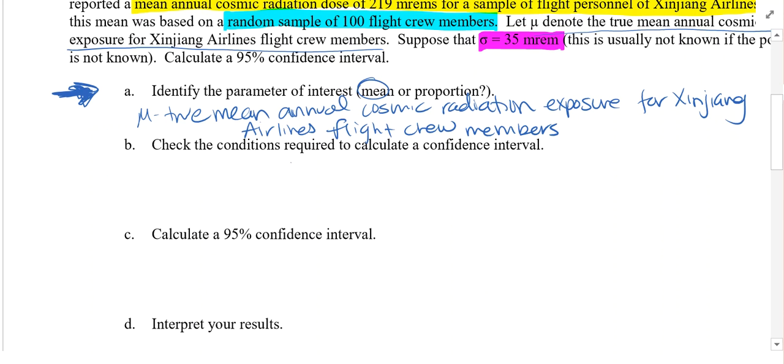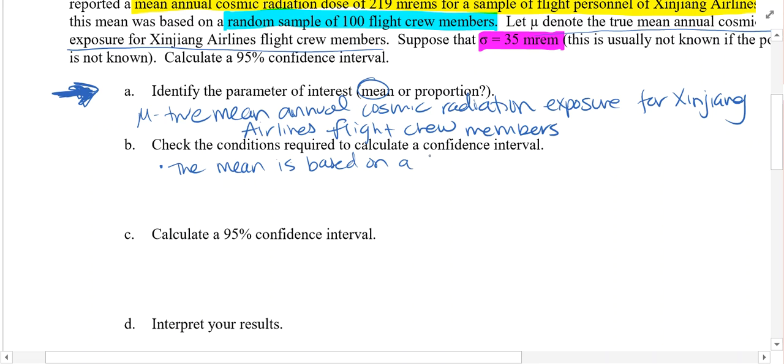Okay, so check our conditions. The first one is that the mean is based off a simple random sample of flight crew members. We were told that, so we've got that one: a random sample of 100 flight crew members. The second condition is normality.